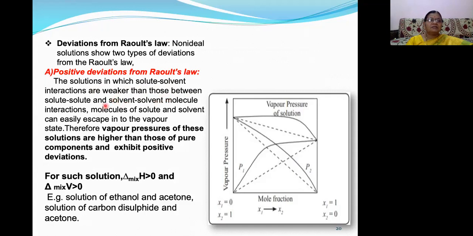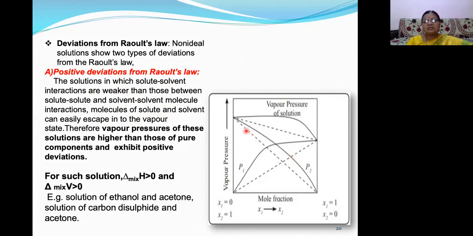In other words, the molecules have greater escaping tendency to go into the vapor as these interactions are weaker. And therefore, the resulting solution has vapor pressure which is higher than that of the pure component.